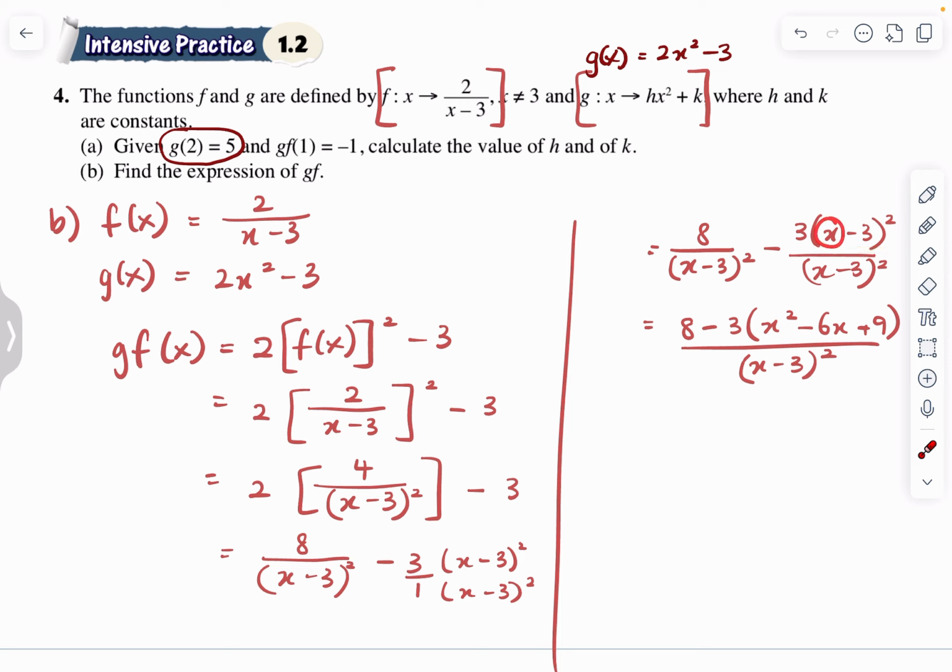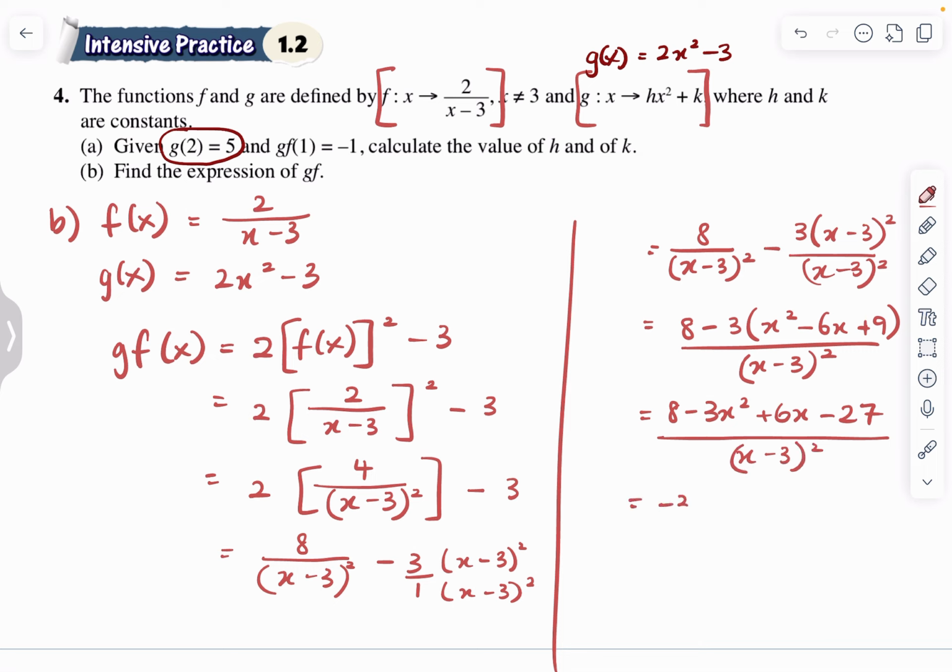First you square the first term, and then you take 2 times the first term times the second term, and then you square the last term. Okay, right, so if we expand this, we will get 8 minus 3x² plus 6x minus 27 over (x minus 3)².